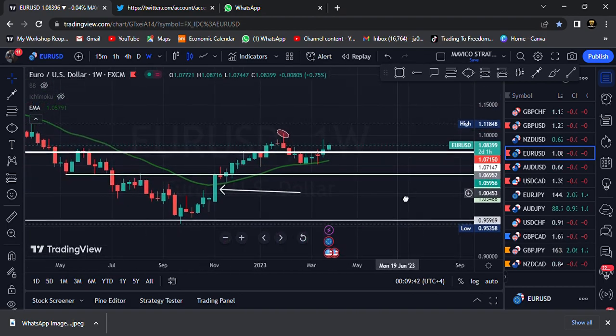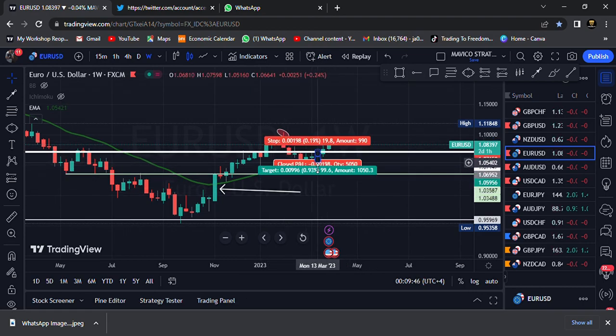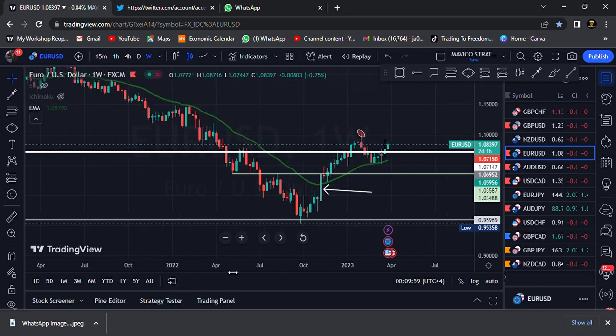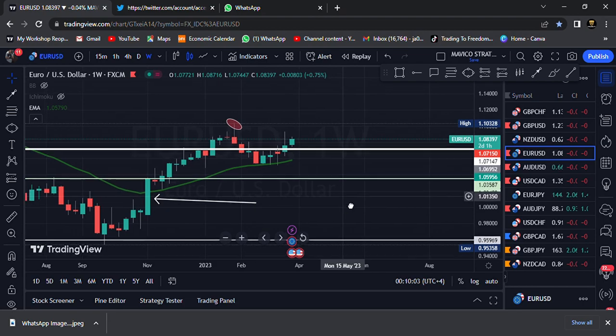So it did break here, retested here, then rejected the key level, now rejected the moving average, and now it's actually buying. So from the structure we can say Euro USD still continue to buy.